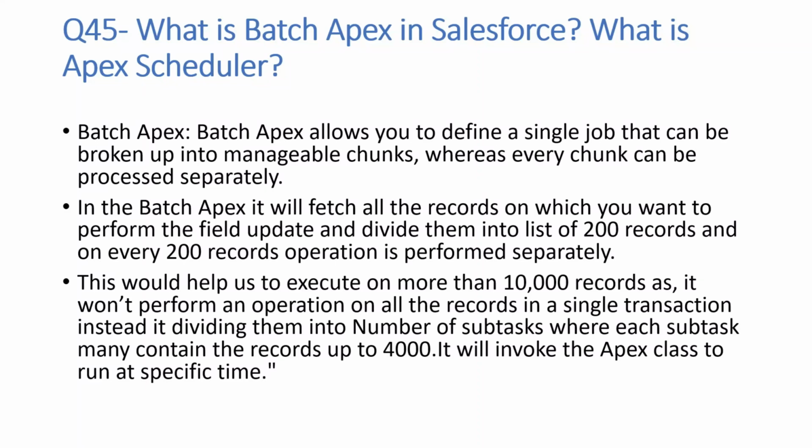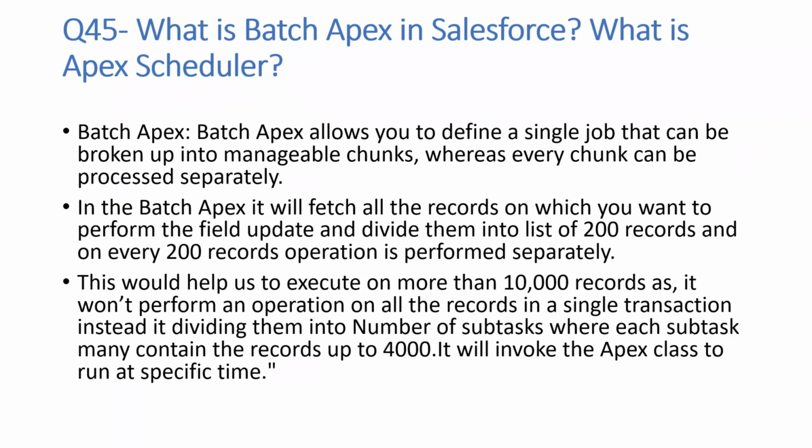Batch Apex allows you to define a single job that can be broken up into manageable chunks, where every chunk can be processed separately. In batch Apex, it will fetch all the records on which you want to perform the field update and divide them into lists of 200 records. On every 200 records, the operation is performed separately.